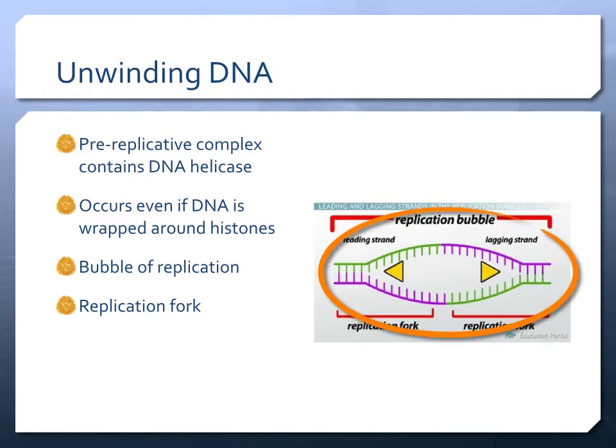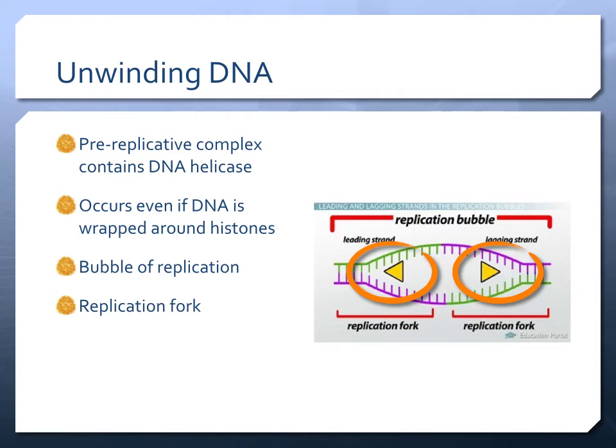The replication process will start at and progress on the two sides of the replication bubble in what we call the forks, or the replication forks. So the left hand side replication fork will go on progressing at the left, and the right hand side replication fork will progress at the right, further opening the replication bubble and making it bigger and bigger.